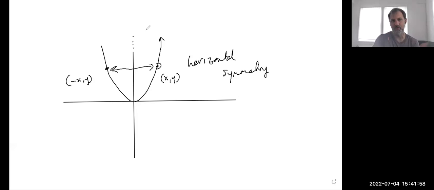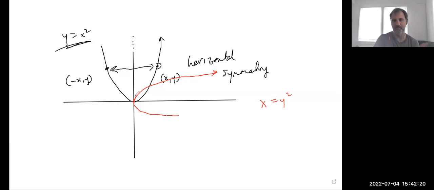Of course, instead of a function like y equals x squared, which has this horizontal symmetry, because if you put in a negative input or positive input, you still get the same y value out, we could just the same say x equals y squared, and this has vertical symmetry.